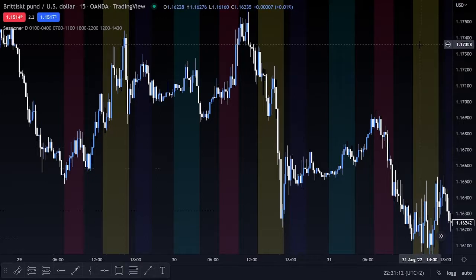Let's say we had an area of clear liquidity up here in form of consolidation, equal highs.